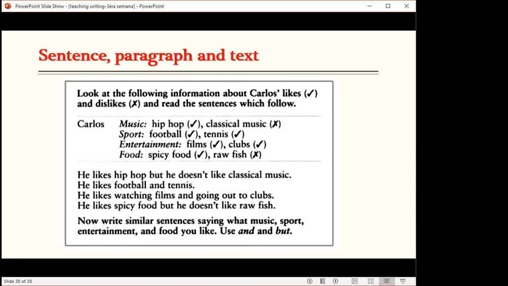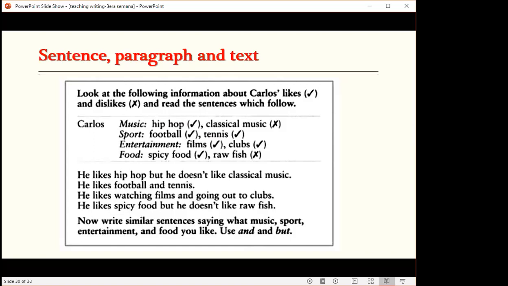Here you have these models and they are going to write similar sentences, but talking about themselves. They are going to say what music, what sport, what entertainment, and what food they like, and connect their sentences using and and but. And also here you can increase the recognition of these connectors.